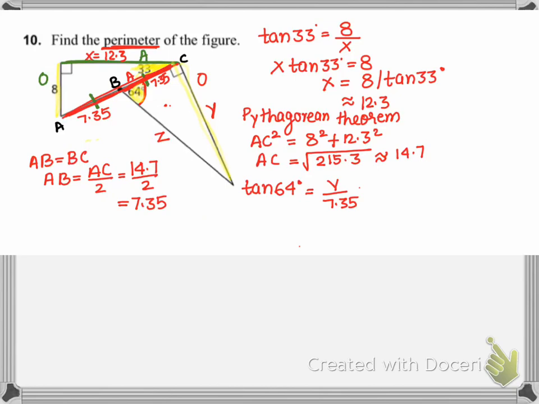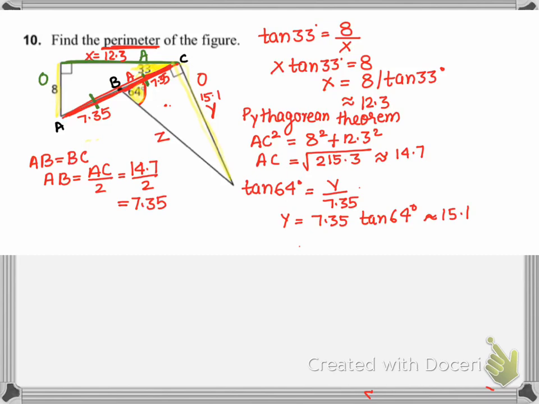I can solve it again, and when I cross multiply I get y equal to 7.35 tangent 64, and when I simplify it and get my value, my answer is going to be 15.1. So this is 15.1.